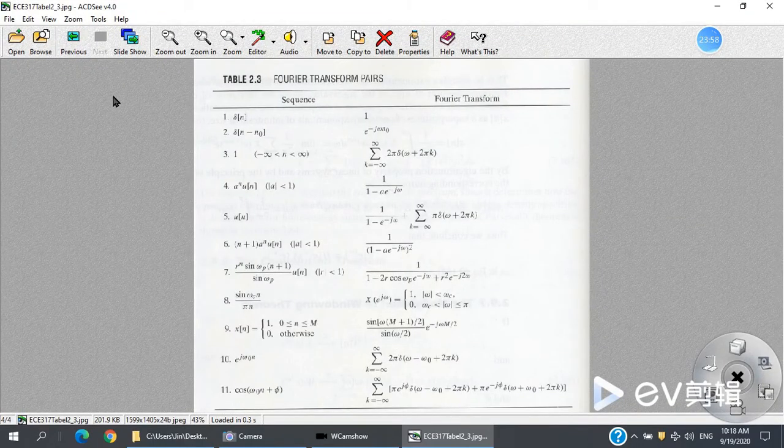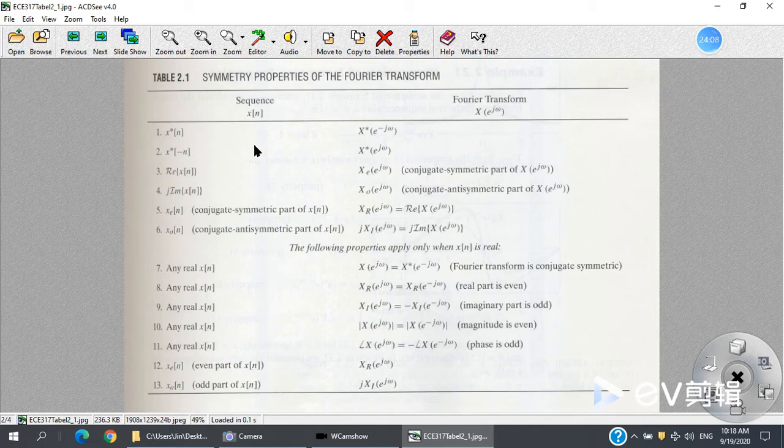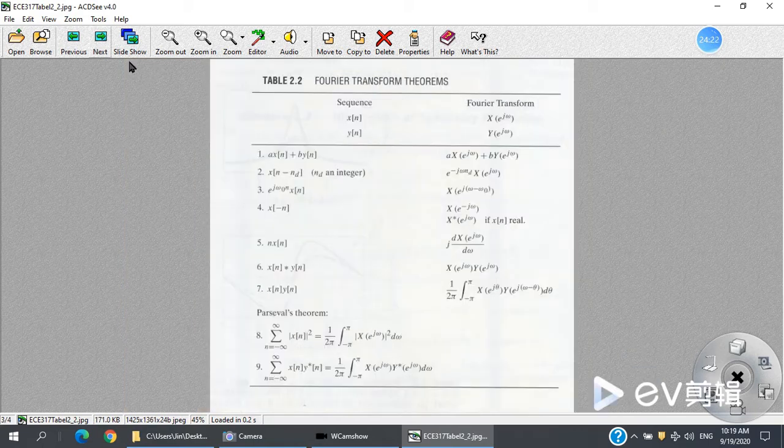Okay, we have another table. Another table is here. This one is negative j omega. Do we have negative j omega? Actually, we can use the first one, or let me see. Do I have the formula here? Yes, this one, the fourth property: you change omega to negative omega, which corresponds to x of negative n.